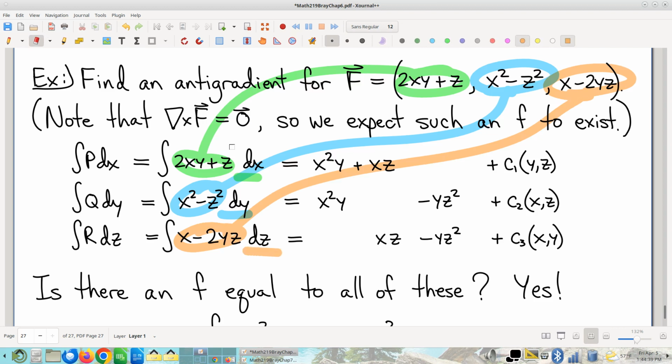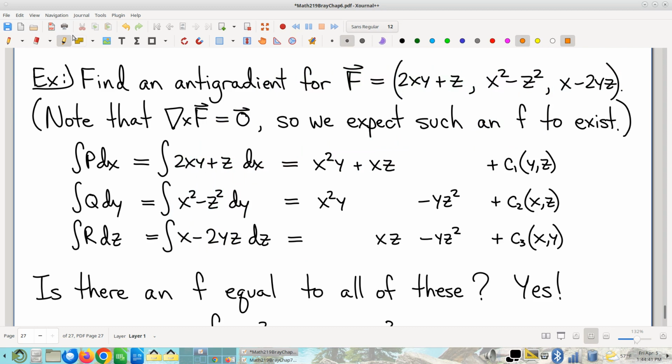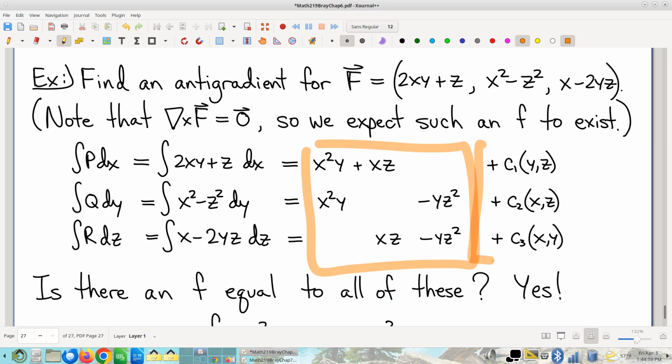And again, these are easy calculations with antiderivatives, and you get these functions right here. But again, you're making arbitrary choices here that you don't have to make and therefore shouldn't make. So don't forget that you may, and therefore must, consider the possible partial constant functions that you can add in there.